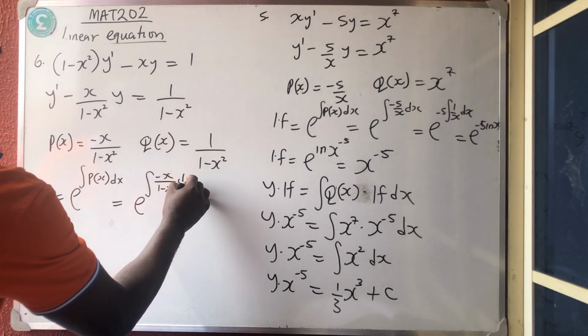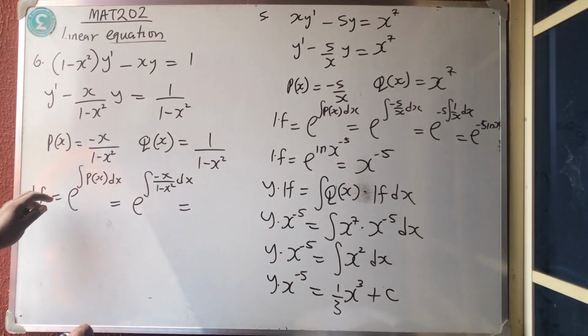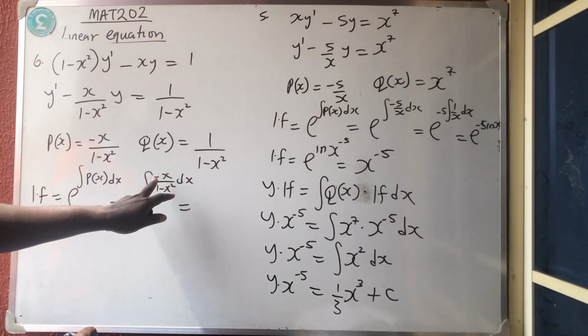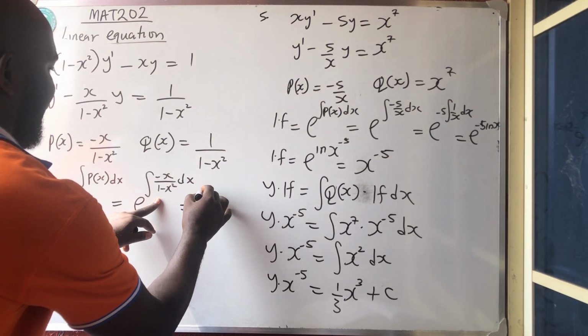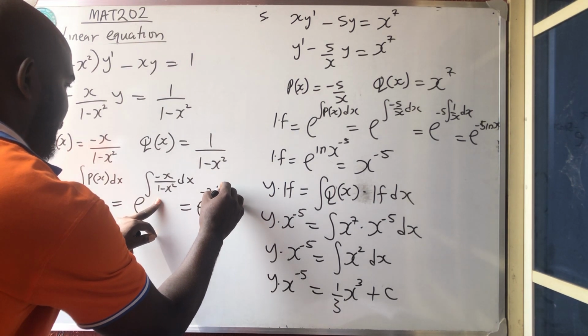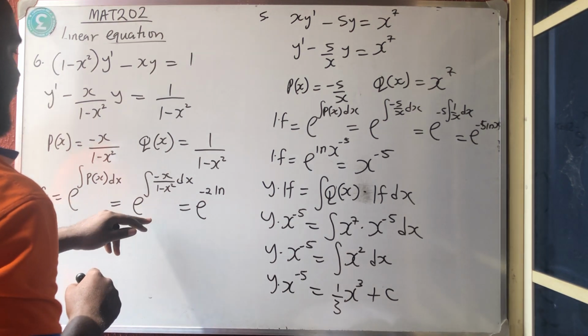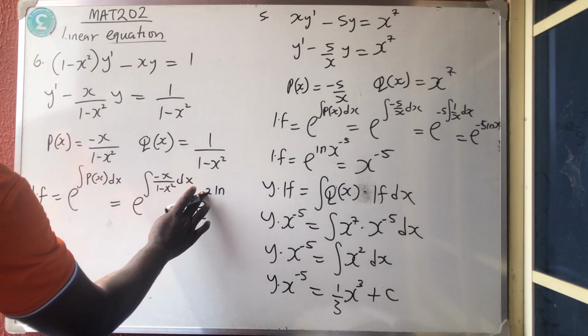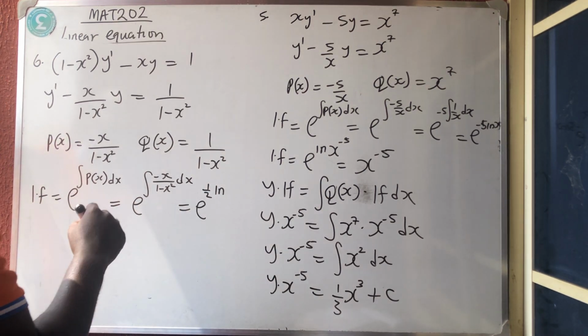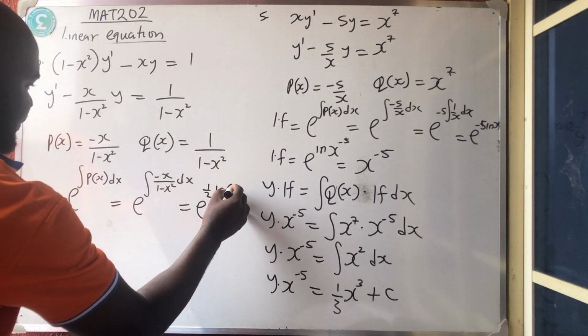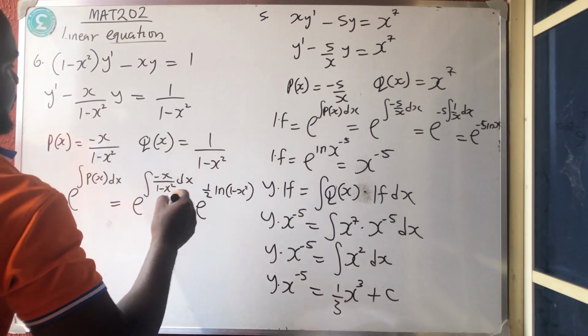dx. So if you differentiate the denominator, I'm having minus 2, and that 2 is at the denominator, so I'm having e raised to power 1 over 2 ln of the denominator, which is 1 minus x squared.